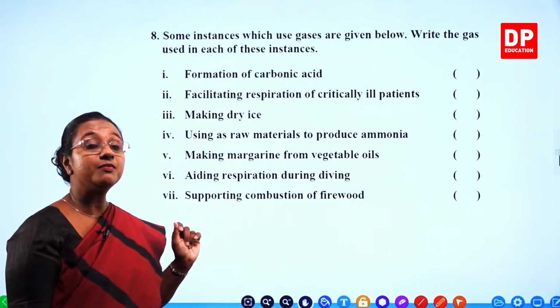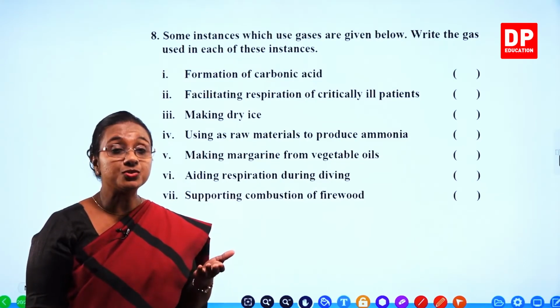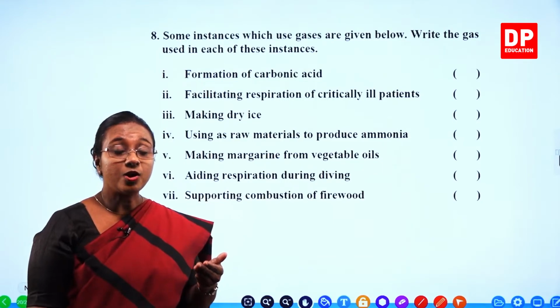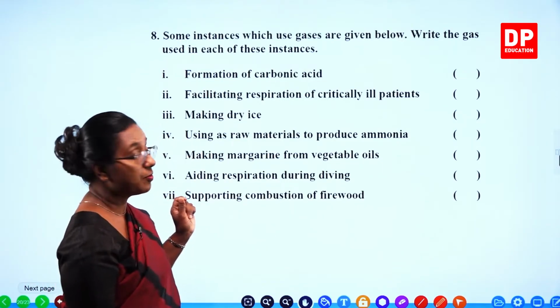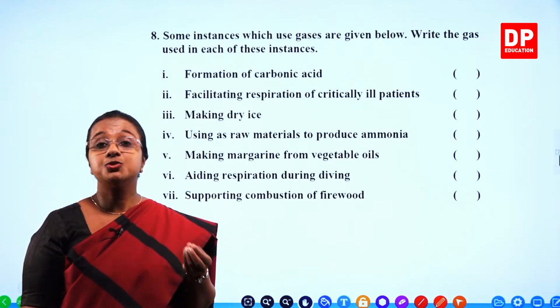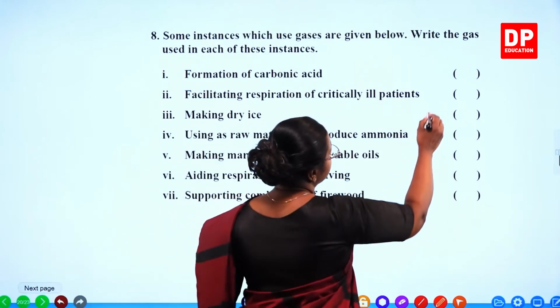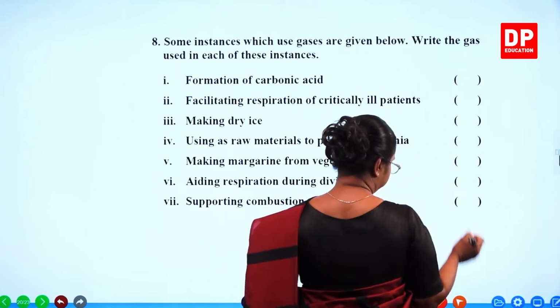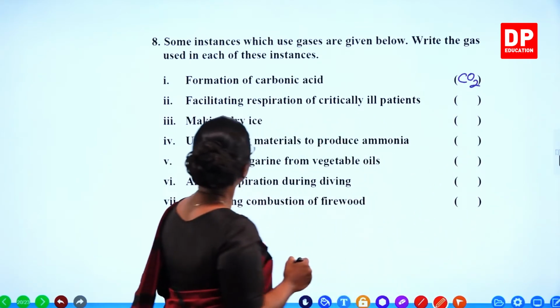You can remember when we make or when they manufacture fizzy drinks and soda water, carbon dioxide is dissolved in water, so it becomes carbonic acid, which gives that sweet taste. So there the gas involved is carbon dioxide.